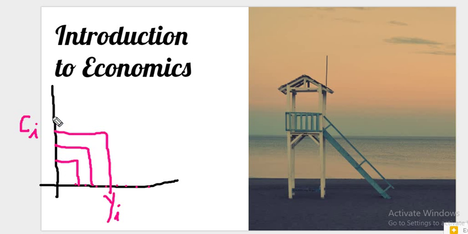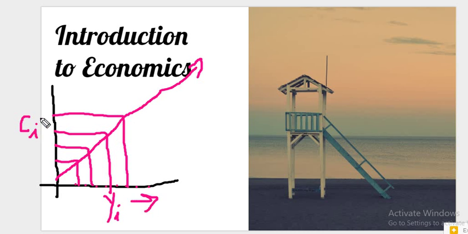So the idea is that this will be a positively sloping line. That means it will go on like this, in this direction, because as the income increases, the consumption will also increase. That of course is an assumption. It's quite possible that people start saving more when the income increases.